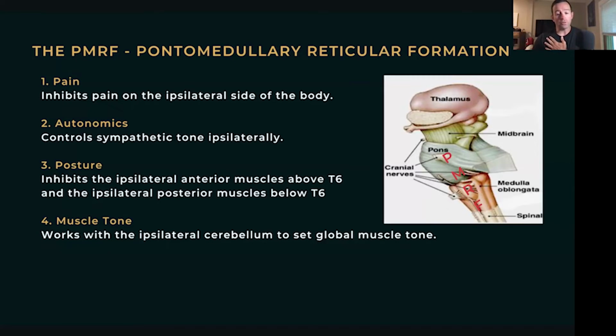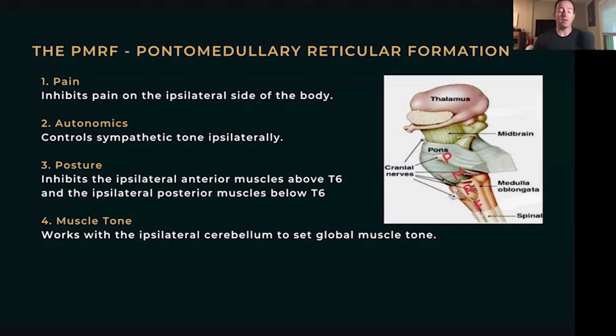You may also see a drop or a droopy shoulder on one side. This is all because of muscle tone issues with the PMRF. It causes the limb to internally rotate. It also can produce at the forearm some pronation and also flexion of the fingers.